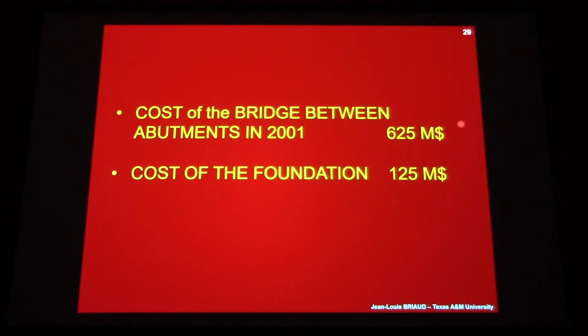The cost of the foundation was $125 million, and I tried to convince the folks that were doing this work that, you know, if you're going to save 10 meters of pile, because I was predicting 10, all the others were predicting 20, that would be a saving of about $25 million on the foundation. Maybe we should instrument the river bottom to see if it's going to be 10 meters or 20 meters, and unfortunately that did not take place.